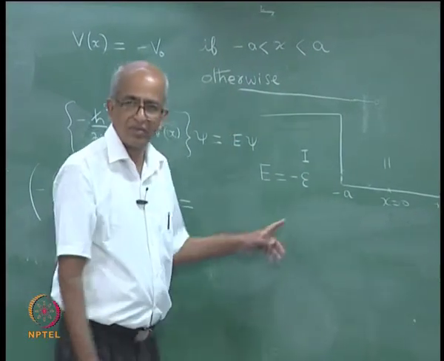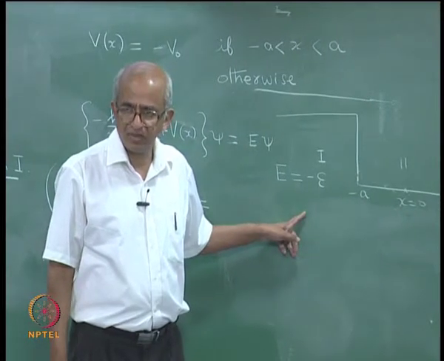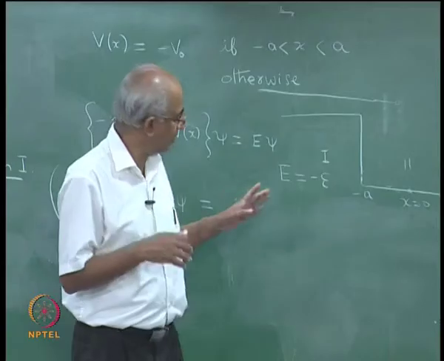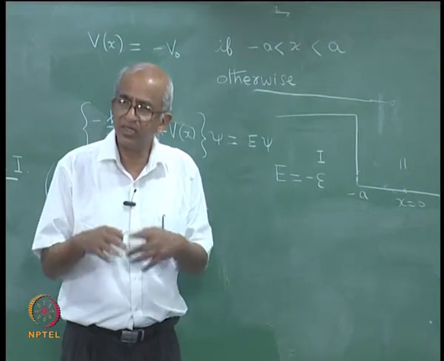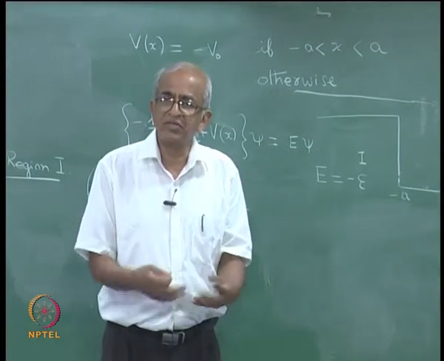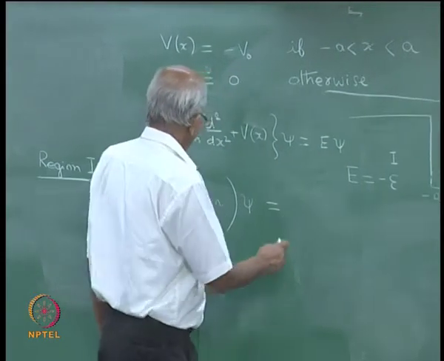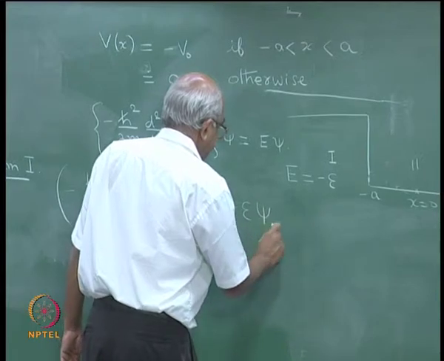Why do I adopt this notation? Simply because I want epsilon to be positive. So I will write the energy of the particle as E is equal to minus epsilon, where I know that I am interested in situations where epsilon is a positive number. So then this is actually minus epsilon times psi.